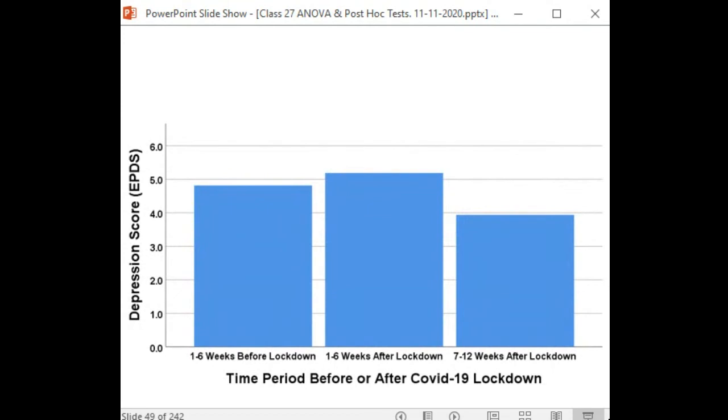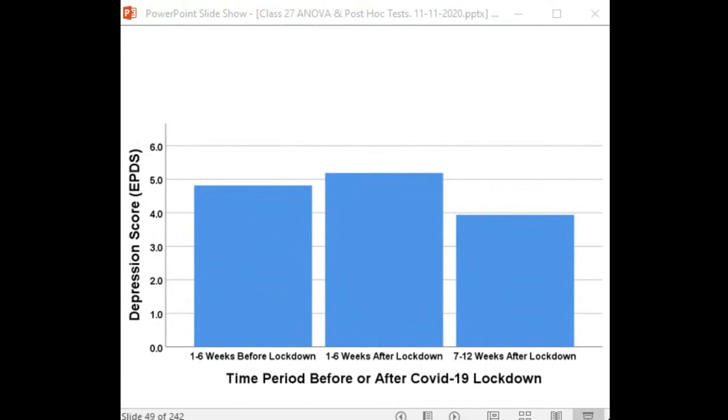Now, this bar graph is just like the one we were looking at a moment ago, but it shows three groups instead of two. Again, each bar represents the depression scores of a group of pregnant women. The first bar on the left shows the average depression score for women during the time period 1 to 6 weeks before the COVID-19 shutdown in March 2020.